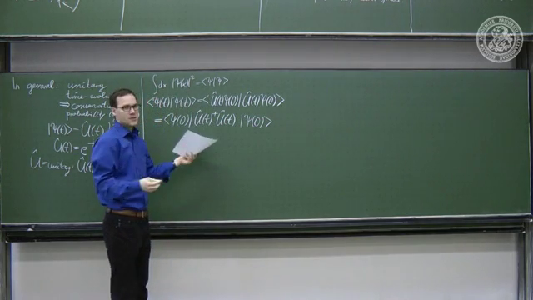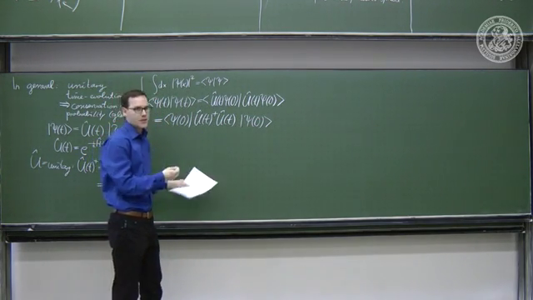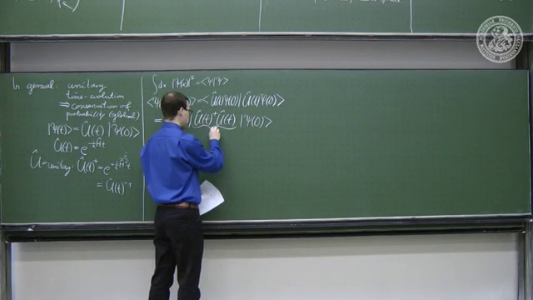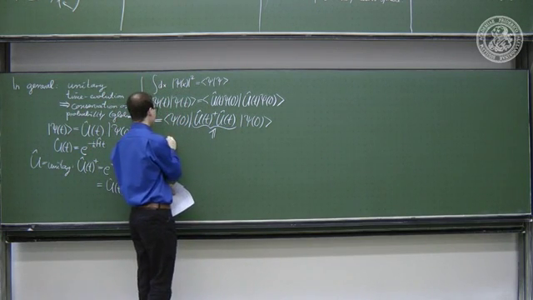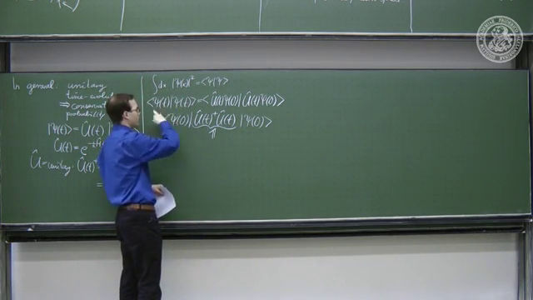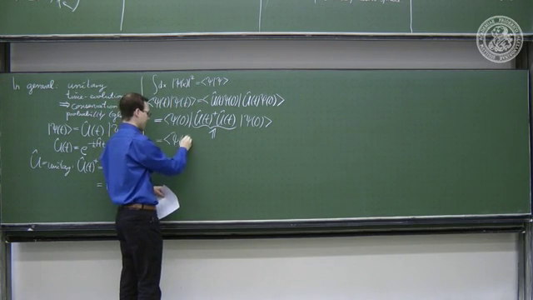And then we realize, oh, this is just the identity because it's a unitary operator. And so we find that the norm of this vector is unchanged.